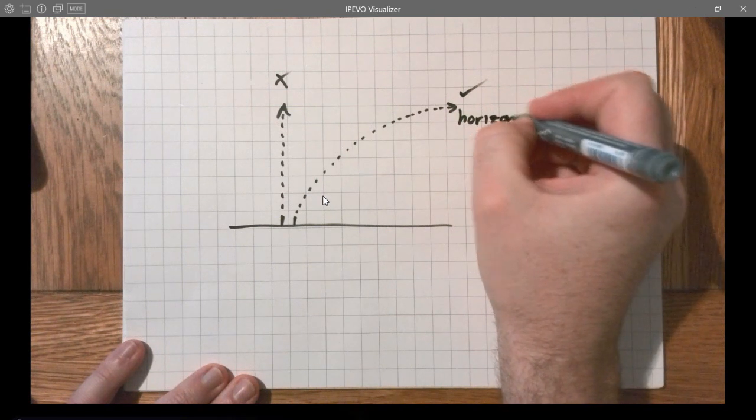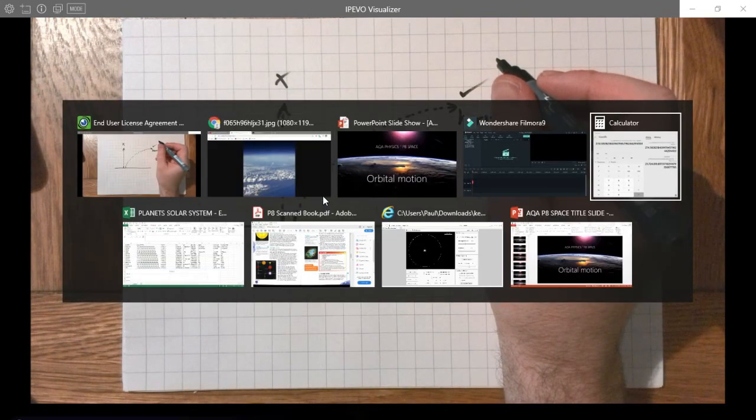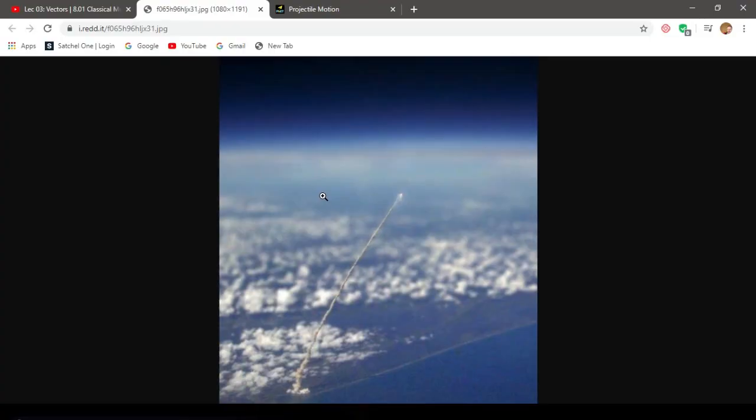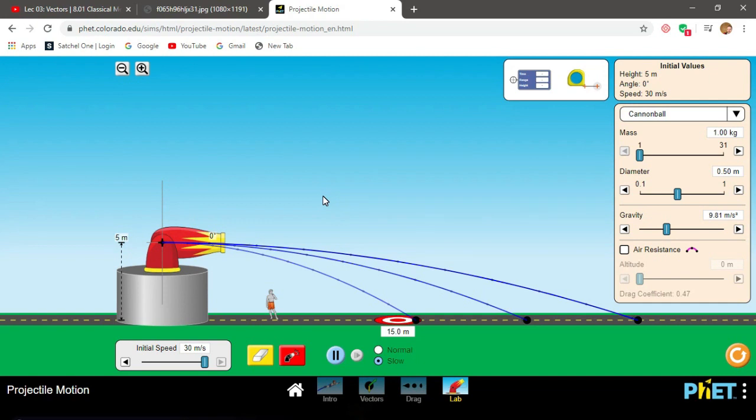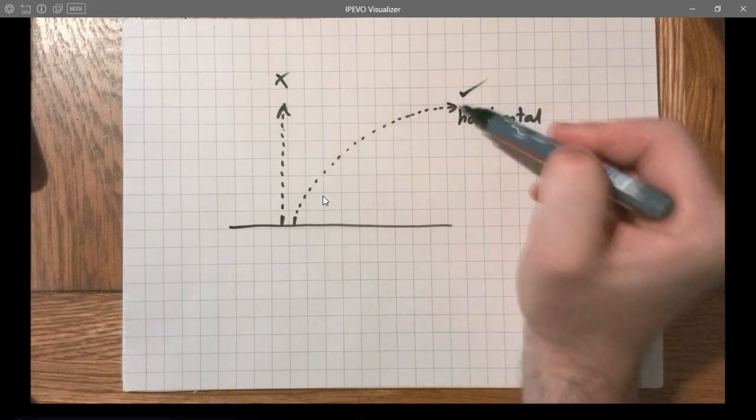Now that brings us back to our little projectile animation, which is here. We need to be flying fast enough horizontally for a particular reason. Now let's explore why this is rubbish for rockets and this is essential.